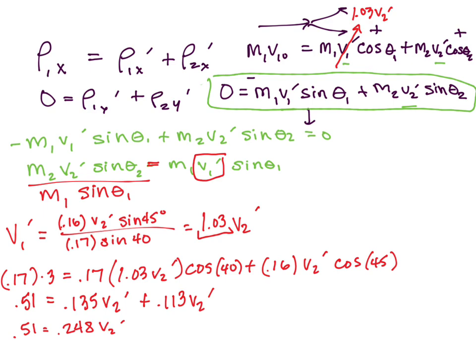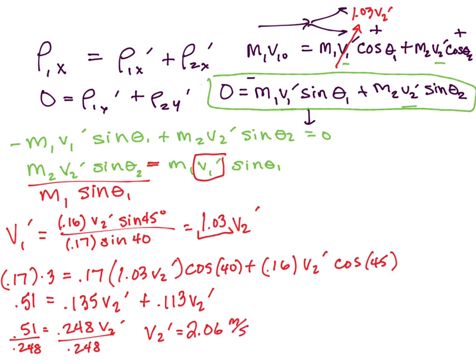Now what? Do it over. 2.057. Yes, 2.06. Good. 2.06 meters per second.